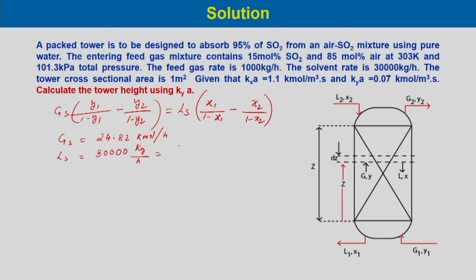So, it will be 30,000 divided by 18 kilomole per hour, which is essentially 1666.67 kilomole per hour.